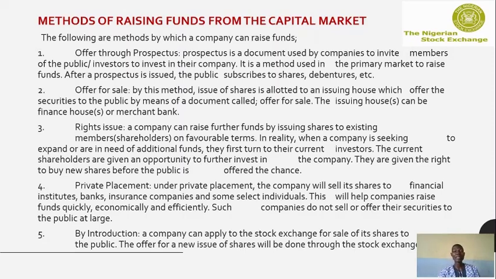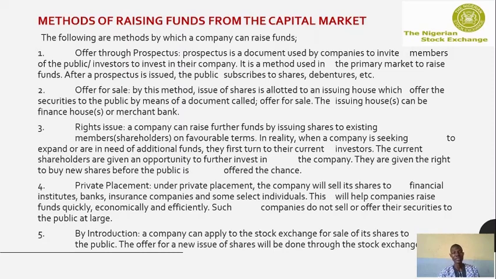Earlier on, we listed 2 types of capital market: the primary market and the secondary market. So if a question is raised, in which of the markets can we place offer through prospectus? Let me give us 2 options. A, the primary market.